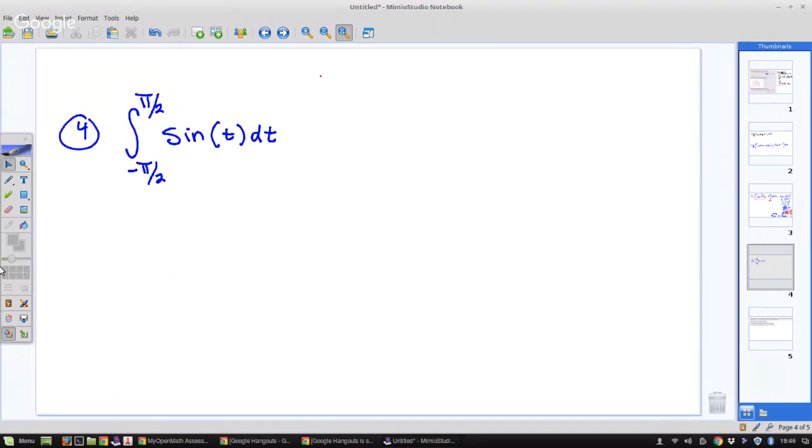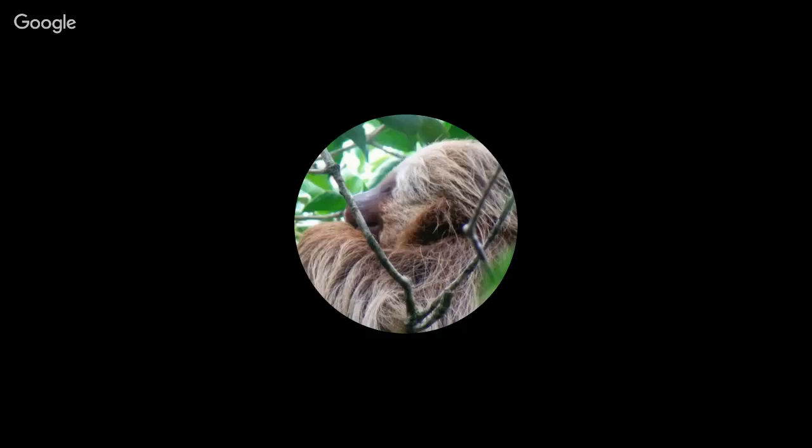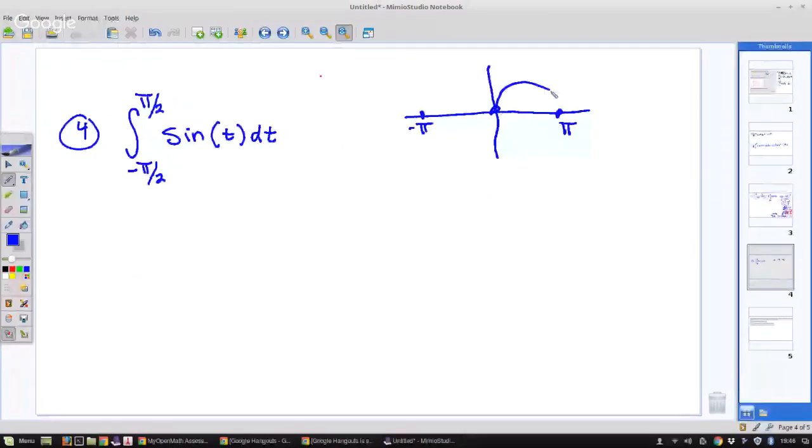So here, let's consider the sine for a moment. The sine starts off at the origin, and then 0, pi over there, and it drops down, and back up over there.